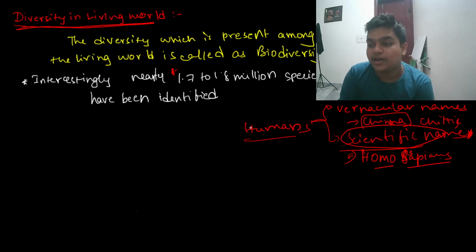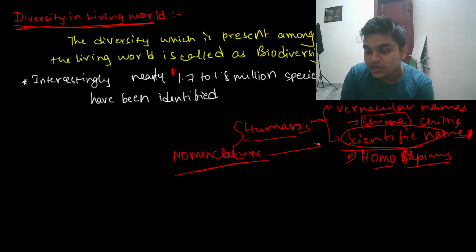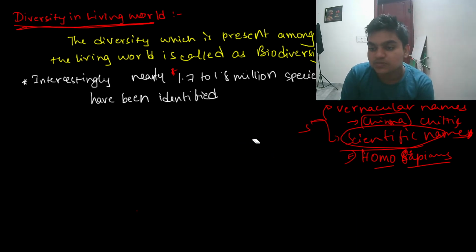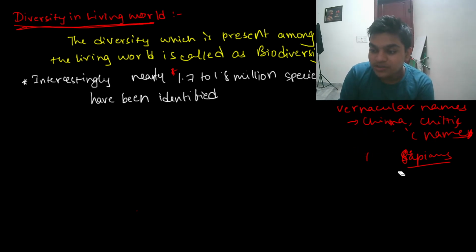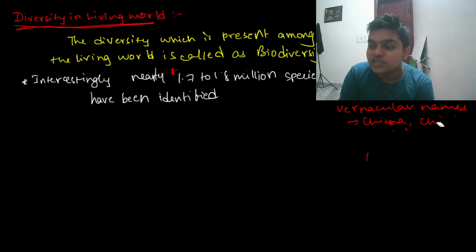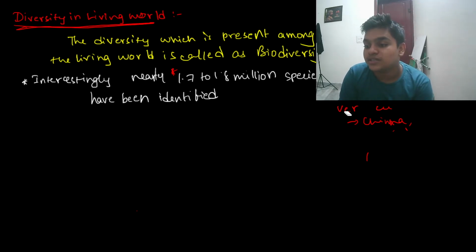This is called nomenclature. What is nomenclature? Assigning scientific names containing two parts, one is the genus part and the second one is the specific epithet part, to an organism, which is universally accepted, is called nomenclature.